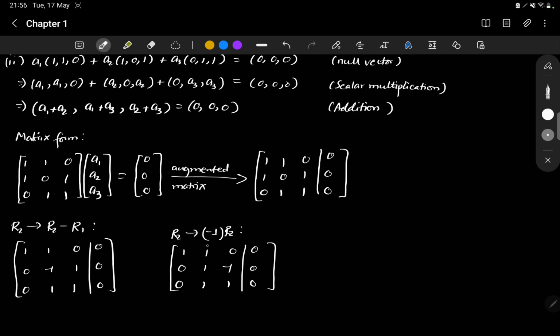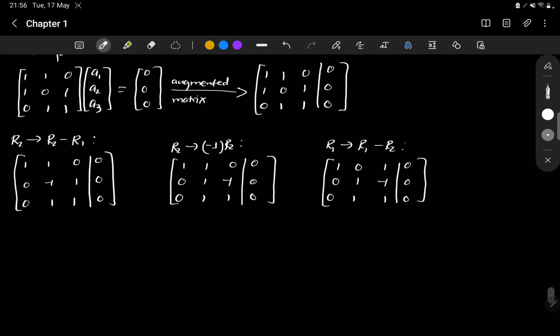Then we want to make this element 0. So that would be row 1 goes to row 1 minus row 2. Then we want to make this element also 0.